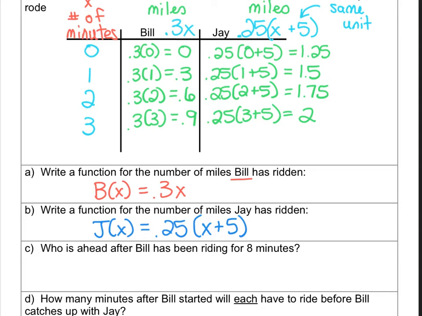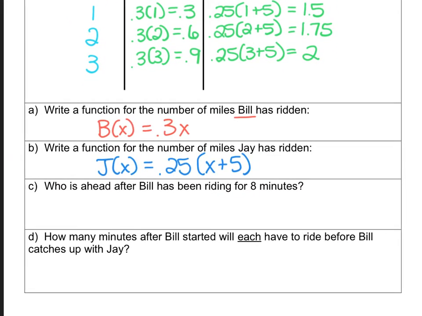So then it says, who is ahead after Bill has been riding for 8 minutes? So let's go with Bill first. That would be b of 8. And we would plug that in. 0.3 miles per minute for 8 minutes. That means Bill has ridden for 2.4 miles.